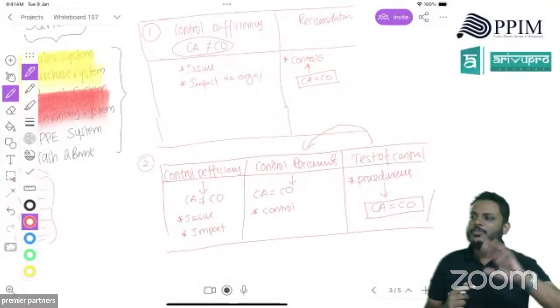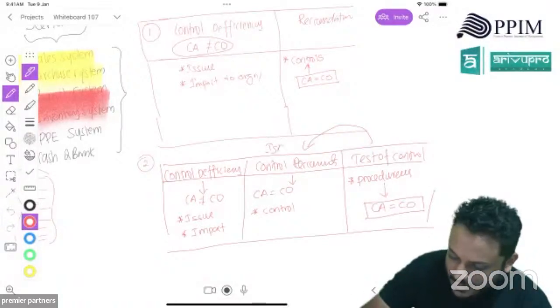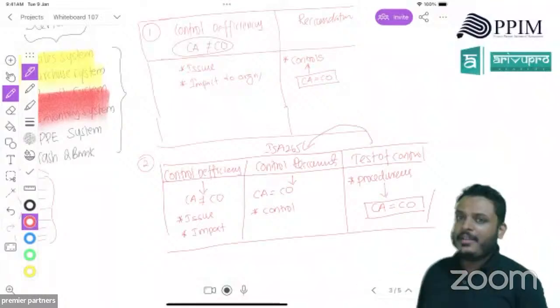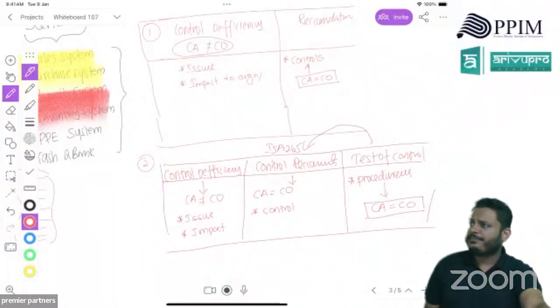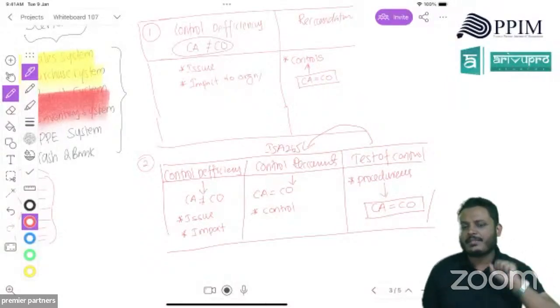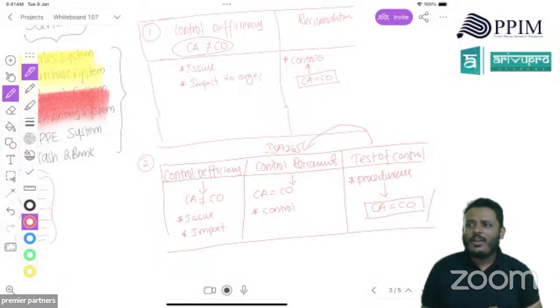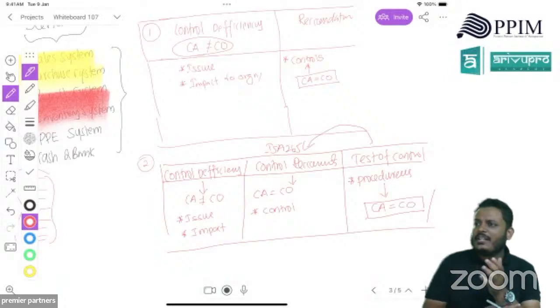Now I told management, okay, ISA 265. That standard clearly says control deficiencies need to be communicated to those charged with governance. So we are communicating the deficiencies to those charged with governance.